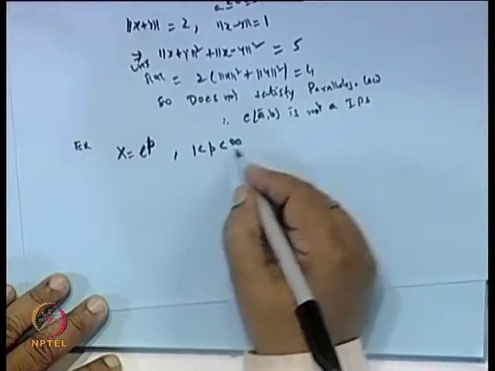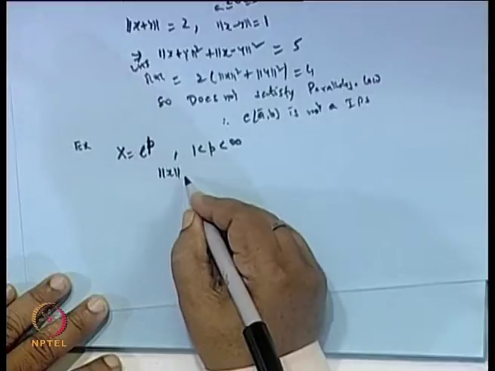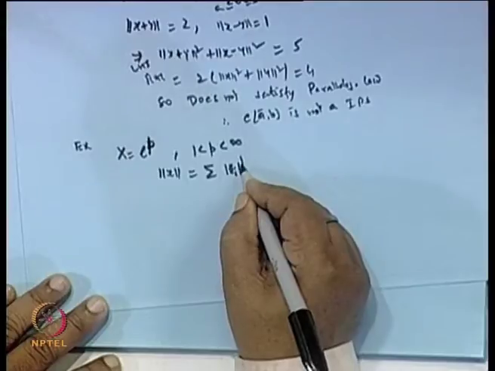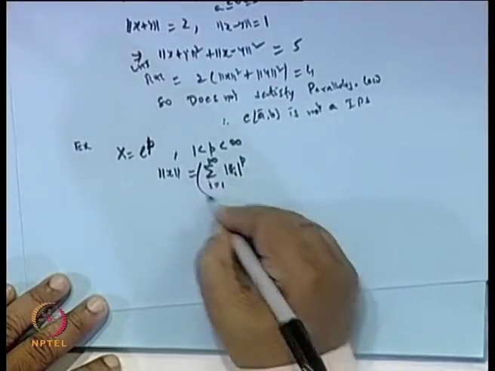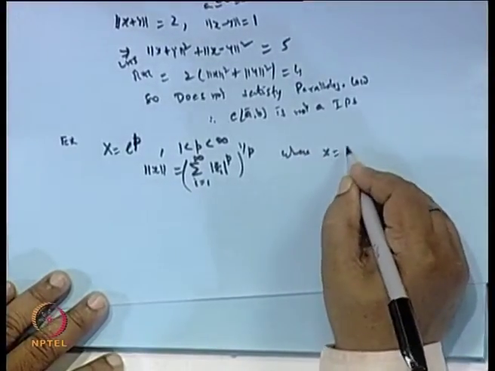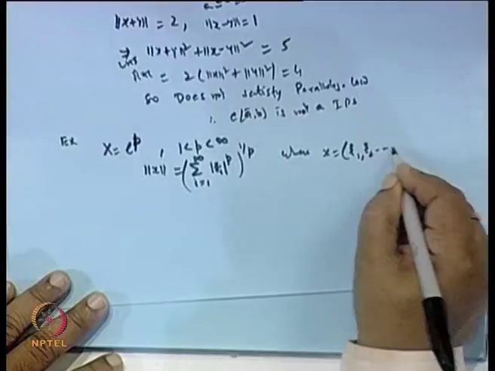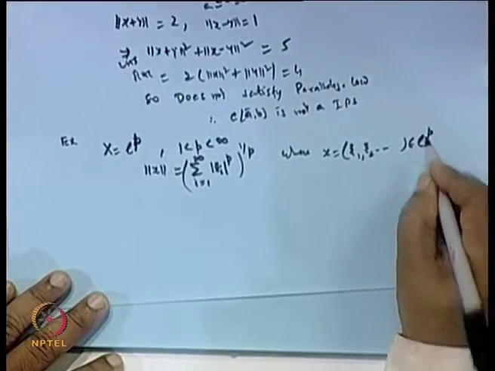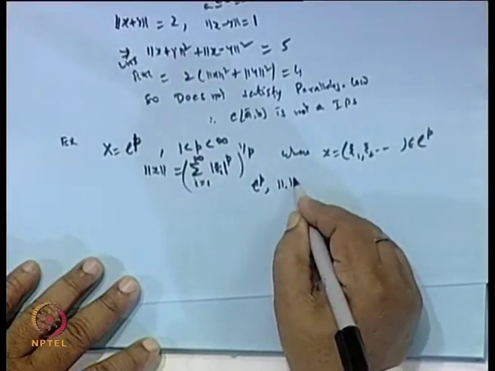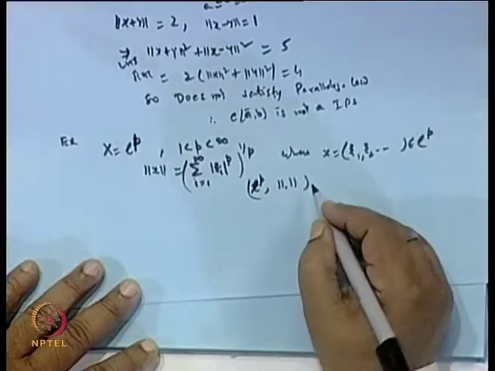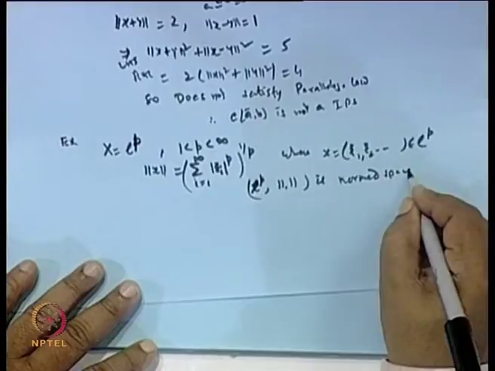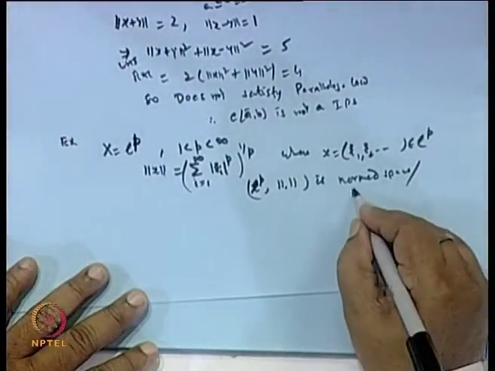The norm of any point in this L^p is the sum of mod xi to the power p, whole to the power 1 by p, where xi1, xi2, etc. are the elements of L^p. We know this L^p with this norm is a normed space. In fact, it is a Banach space also.